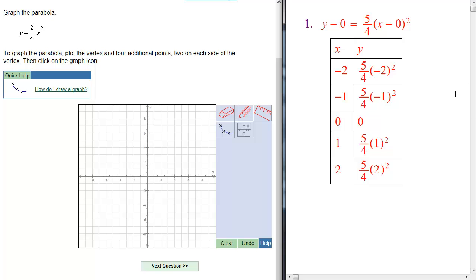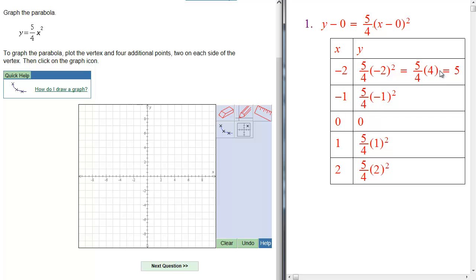Alright, let's see what we have then. When we plot the points, hopefully you've evaluated them. -2 squared will give us 4, and 5/4 times 4 will give us 5. We know that this will be what? -1 squared is 1, so 5/4 times 1 is 5/4. And then it will repeat here, so we'll have 5/4 and 5 here because it's symmetric.